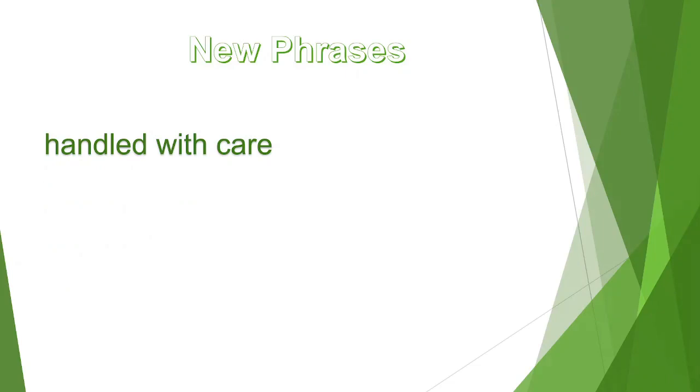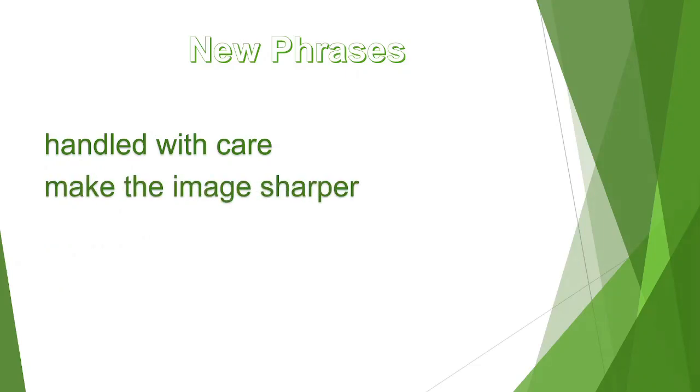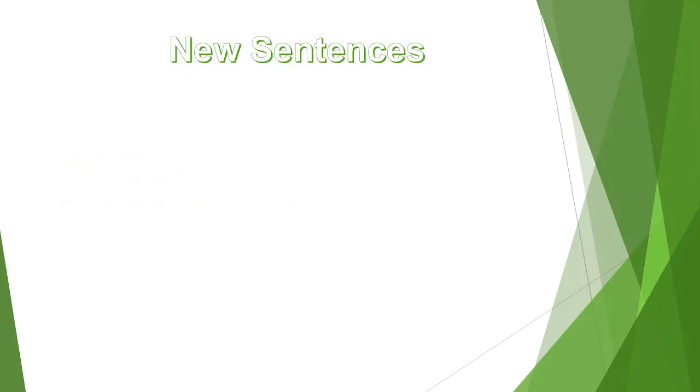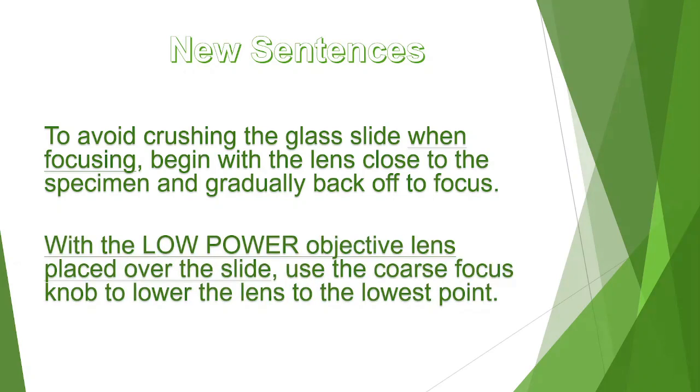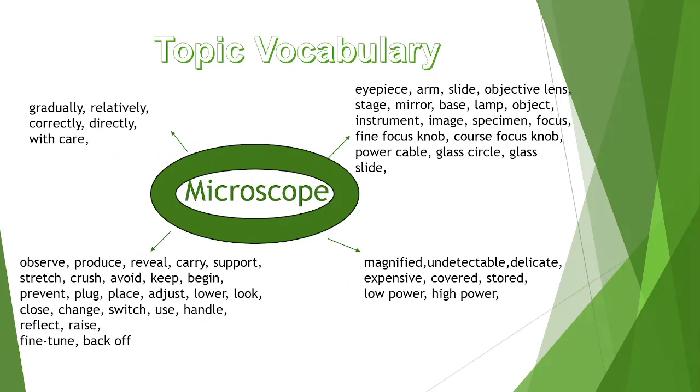New phrases. So these are the two that might be new to you. New sentences. This is one of the hardest things for students to do. When we say new sentence, that means you've never seen them before or you've never used them in your writing. Then topic vocabulary.